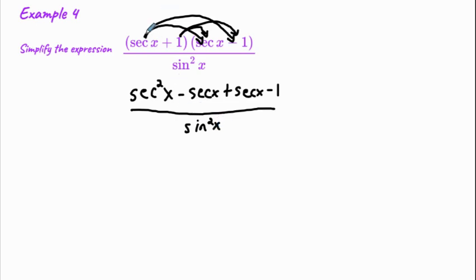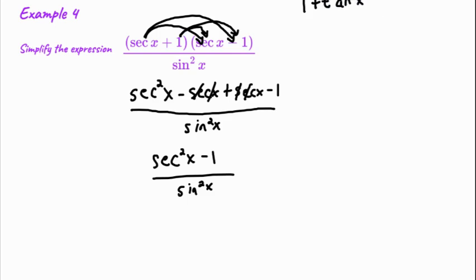If you didn't notice from the outset, this is just a difference of squares, the factored form. So secant x and negative secant x are going to cancel, and I'm just left with secant squared x minus 1 over sine squared x. Here's another instance: secant squared x minus 1. That's another Pythagorean identity, a variation on 1 plus tangent squared x equals secant squared x.